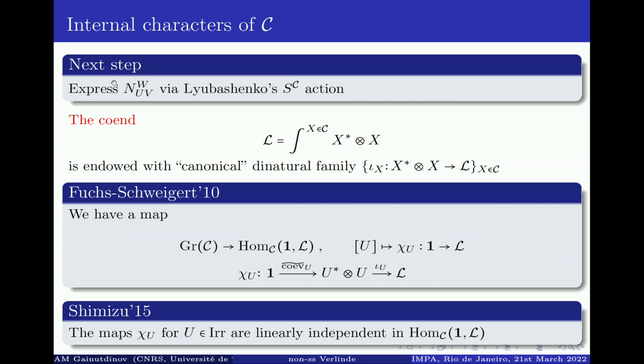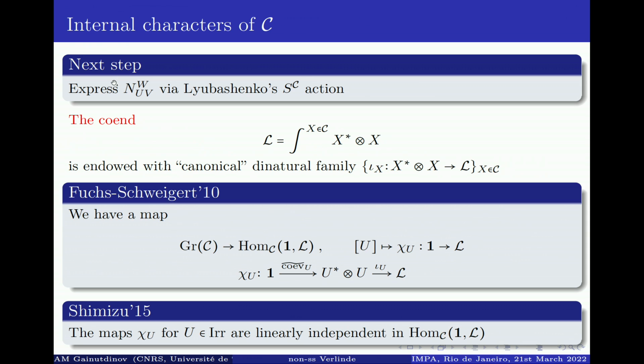And Fuchs and Schweigert in 2010 introduced a well-defined map from the Grothendieck ring. So this is my structure constants. I'm interested in the Grothendieck ring into Hom(1, L). So to every class we associate a map from 1 to L. We use for that first the coevaluation.